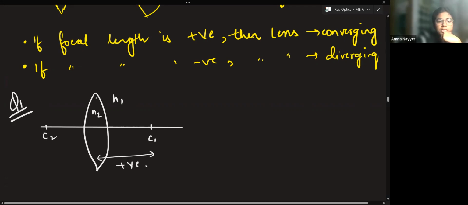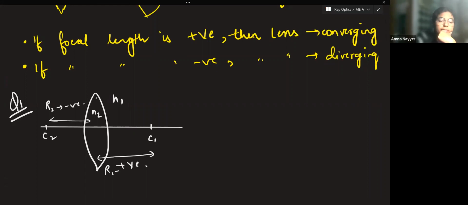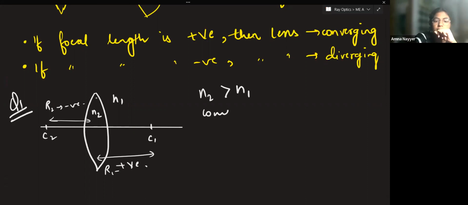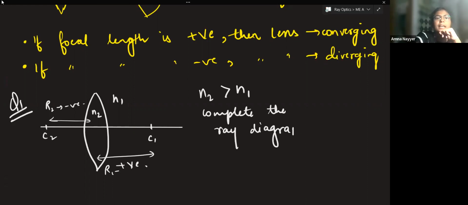This is positive R1, and here the radius of curvature, this is negative. Fine, this part, this radius of curvature, this is negative. Now lens formula you already know. It says if N2 is greater than N1, complete the ray diagram. So how can you complete the ray diagram?